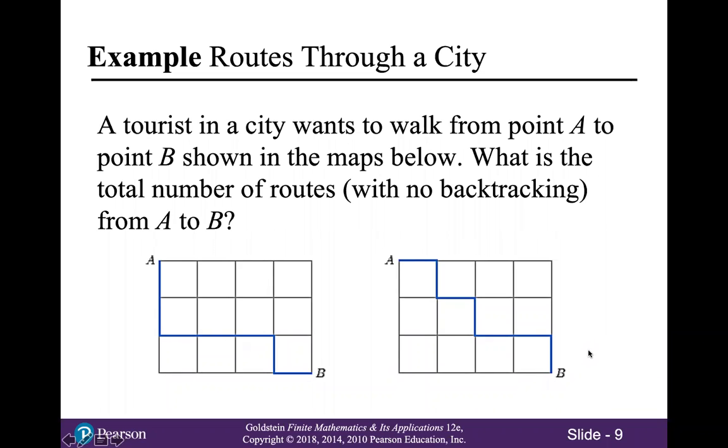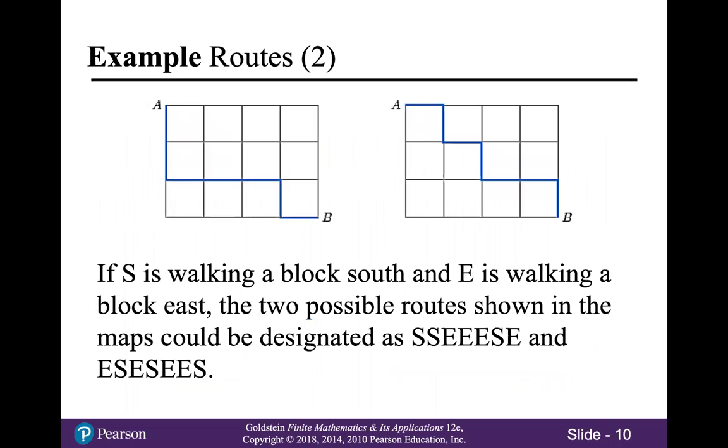Okay. So a little bit of a similarity with the last problem, right? Instead of strings of H's and T's, now we're looking at strings of S's and E's. All right, so if S is walking a block south and E is walking a block east, the 2 possible routes shown in the maps, already talked about this.